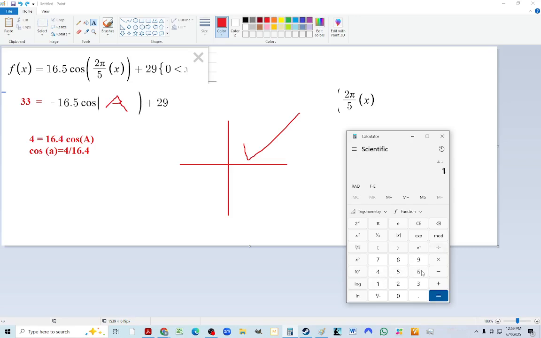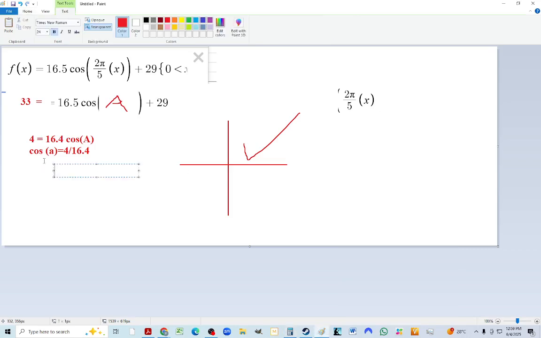But I'm going to see cos of my angle is equal to this value. That doesn't give me the angle. Now, to solve these, I have to get rid of the word cos. So I have to take an anti-cos or inverse cos of both sides.